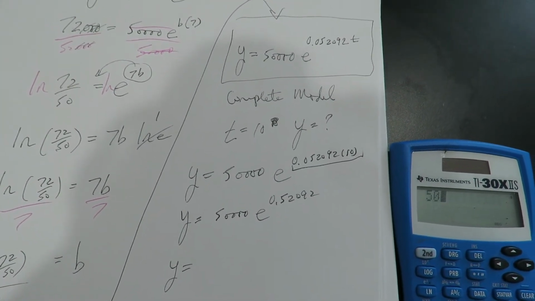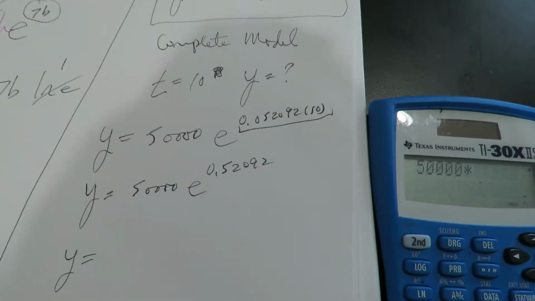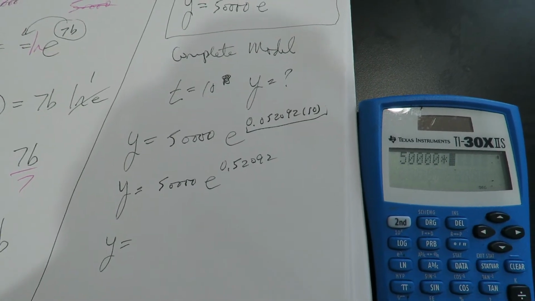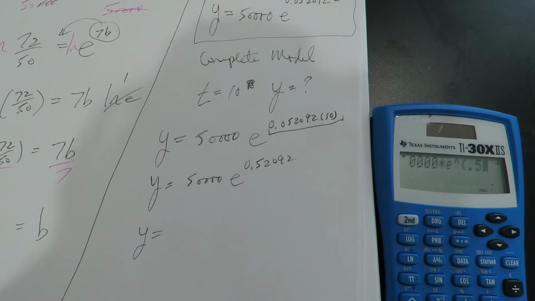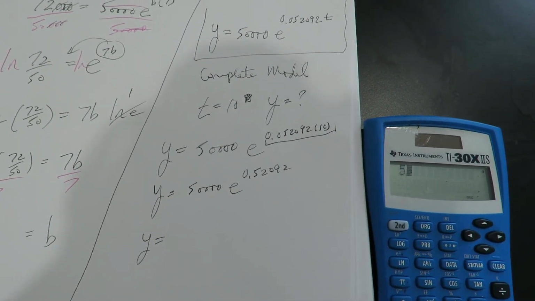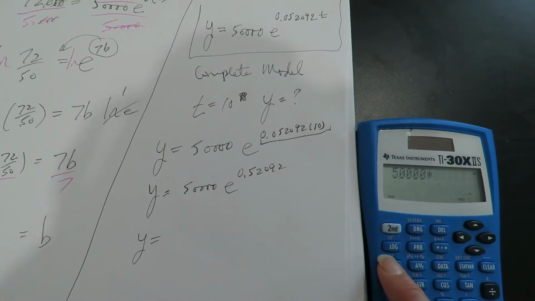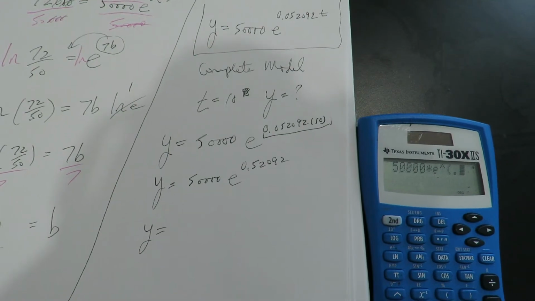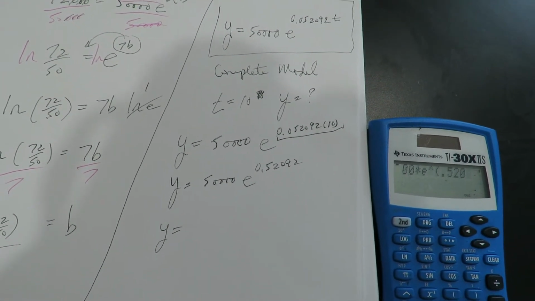It's always important that you have your own way that you prefer. Okay, so I'm plugging in and I got 50,000 times Shift E to the 0.52092. Okay, 50,000 times e. Okay, let me see if my finger can do it correctly this time. 0.52092.